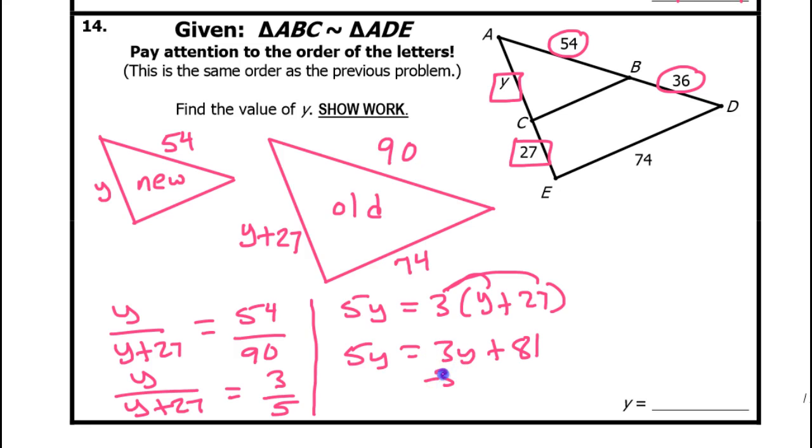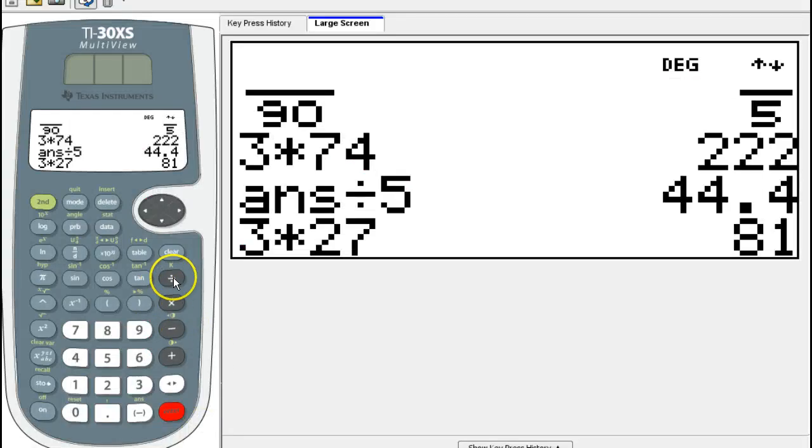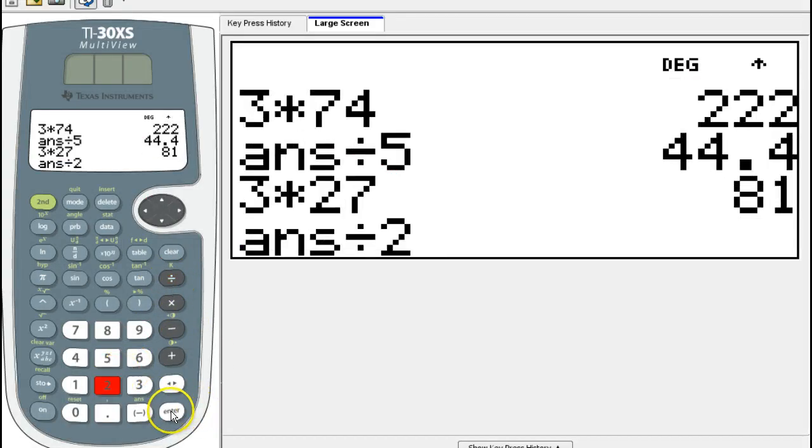Subtracting 3y from both sides, that will give me 2y is equal to 81. So then I have to divide both sides by 2, and that is 40.5.